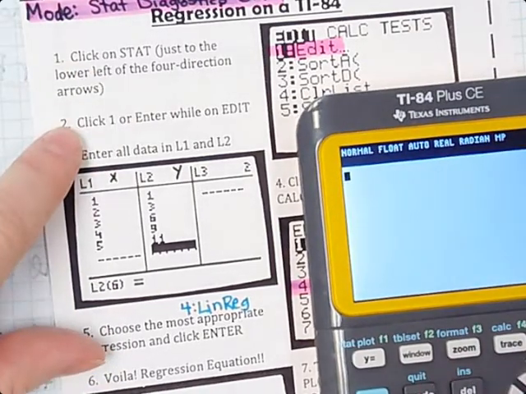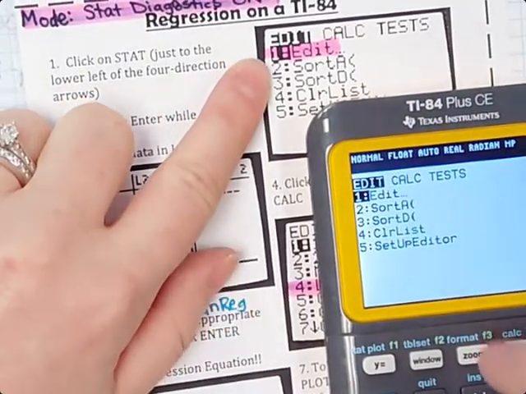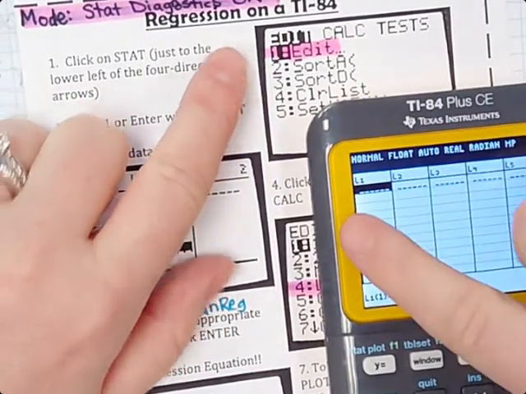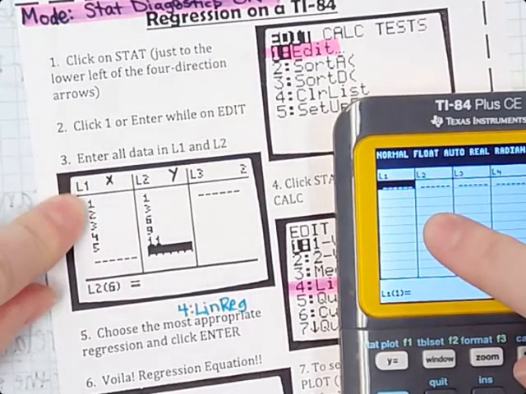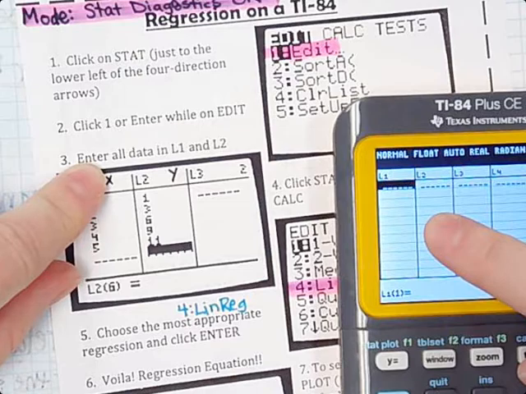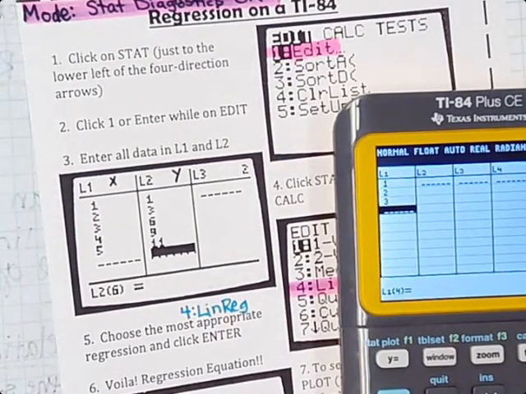So you go to stat, and then we're doing edit, so I highlighted that. And then we have these lists. L stands for list. So in our list 1, that's going to be where we put our X values. So I'm going to put in 1, 2, 3, 4, 5.